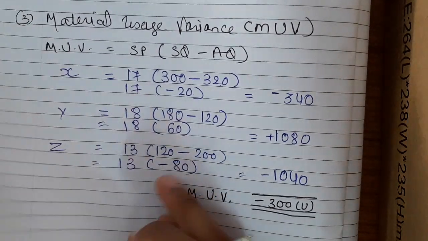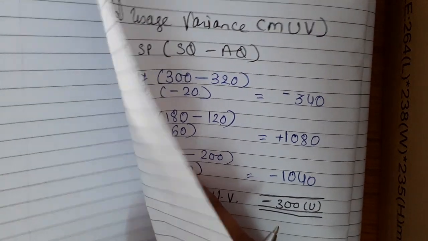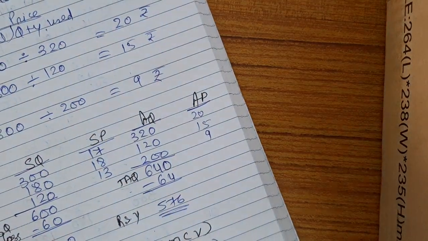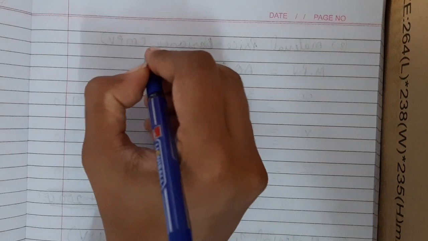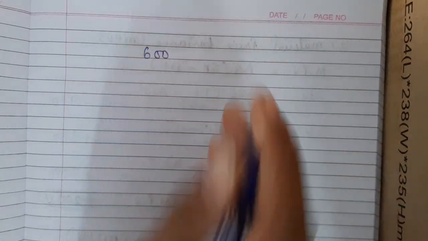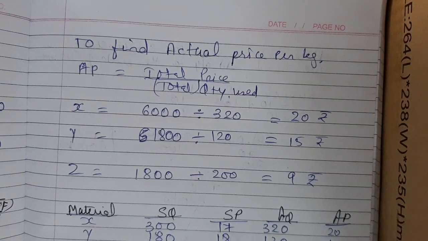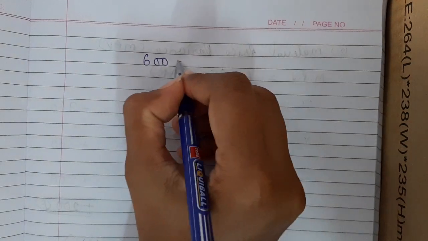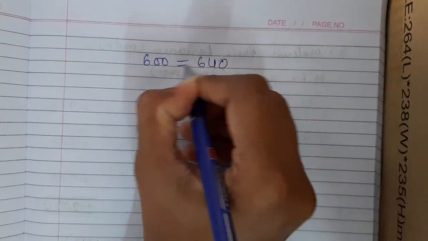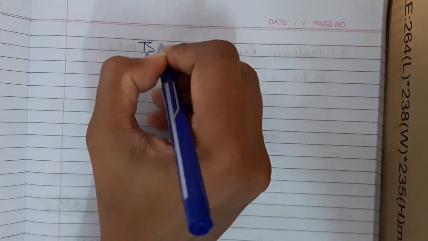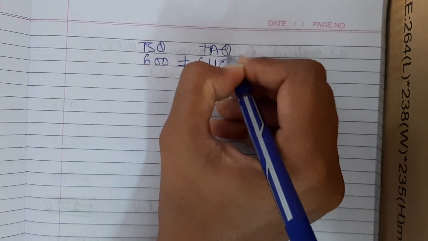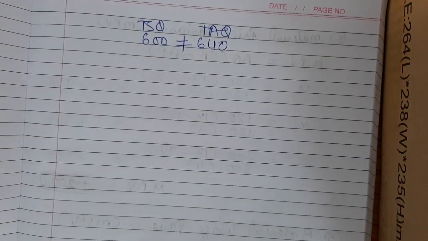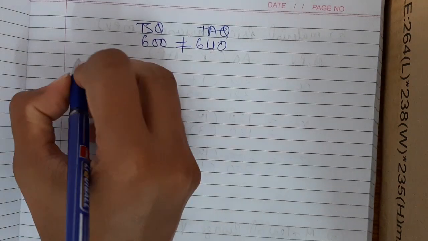Moving further with material mix variance. Our total actual quantity was 640 and total standard quantity was 600. Total standard quantity and total actual quantity are not equal.